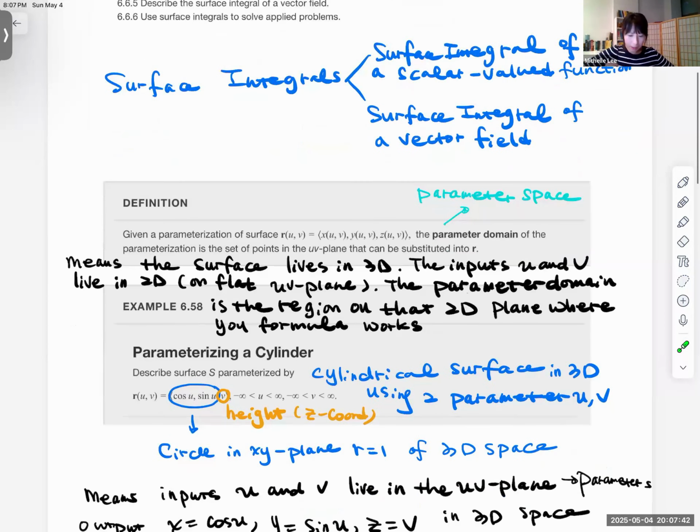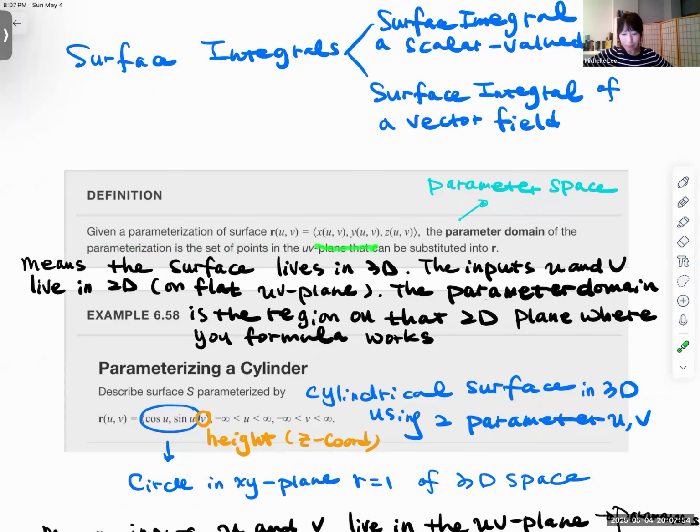Given a parameterization of a surface R of (u, v), with x(u, v), y, z, let's think about just x, y, z. We have u, v from there. The parameter domain, another name for which is the parameter space, of a parameterization is the set of points in the UV plane that can be substituted into R.